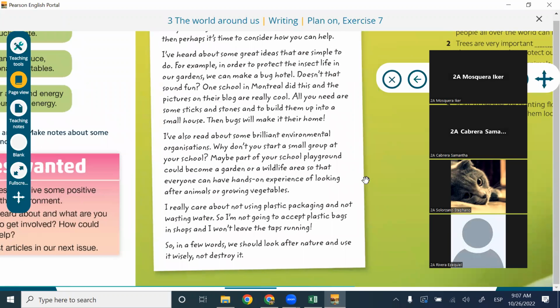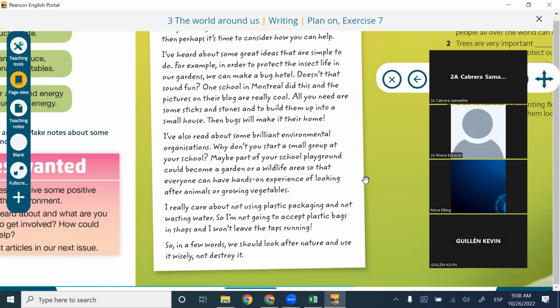Va a comenzar a tomar videos, porque no es que esto va a quedar solo en el papel. Usted va a comenzar a tomarse fotos y videos, comenzando desde el día de mañana, jueves, viernes, sábado, domingo. Va a tomar fotos, va a tomar videítos, ¿verdad? De lo que usted va a comenzar a trabajar.